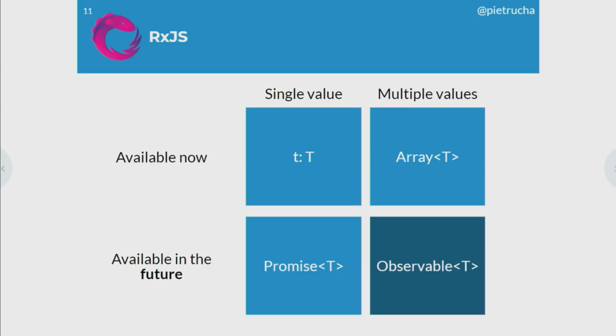What about the things that are available in the future as a result of some request or some computation which will be asynchronously executed? Then we think about the promise. But the promise gives us a single value. If we want to have multiple values over time, that's what an observable is. It is a stream of events or changes or values that is provided to us over time, which we subscribe to.